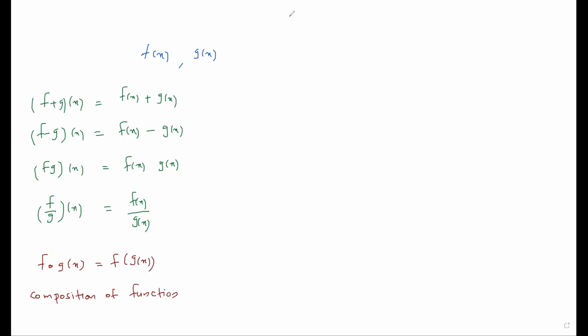Before that, an example. Suppose your f of x is x square, and your g of x is 3x plus 1. Then if you want to find f plus g of x, a new function, you just add these: x square plus 3x plus 1.